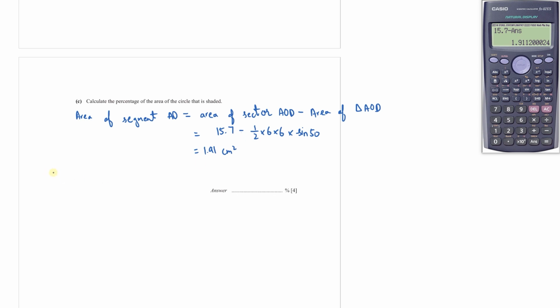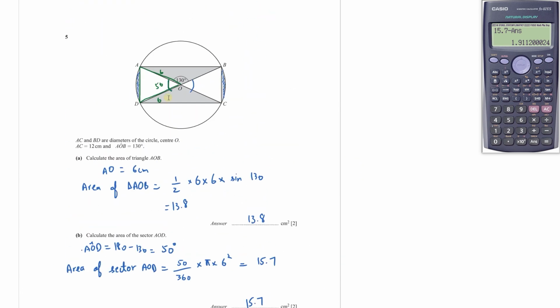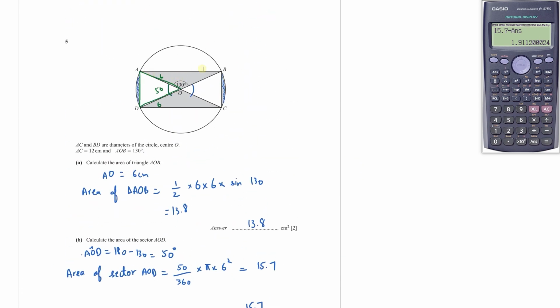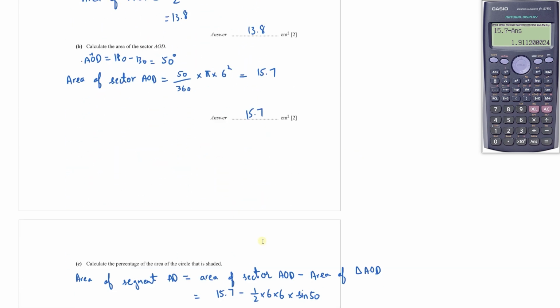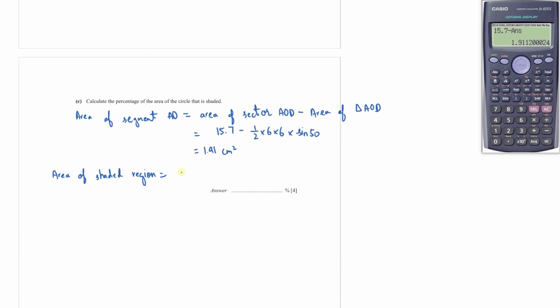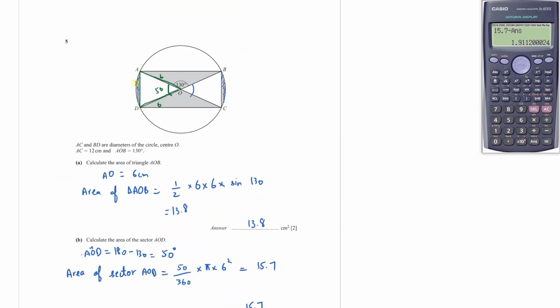Now let's calculate the area of the shaded region. This will be 2 times the area of triangle AOB, so 2 into 13.8, plus 2 into the area of segment AD, because the area of segment BC is also the same.